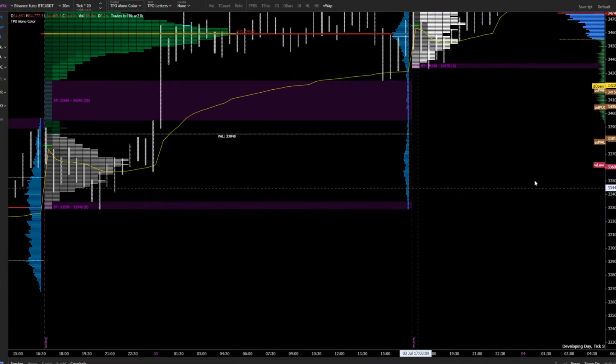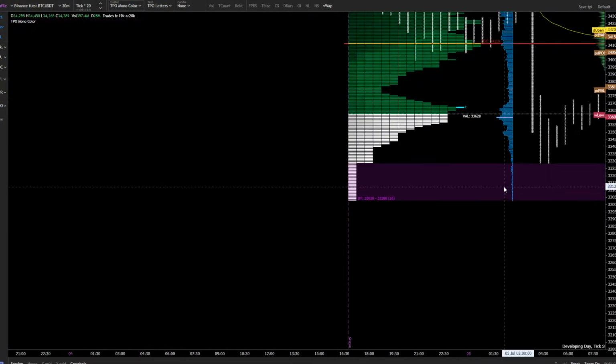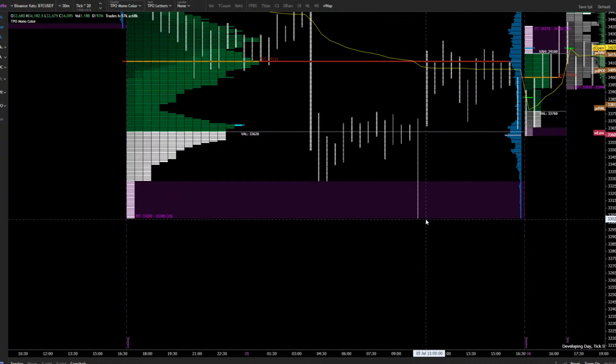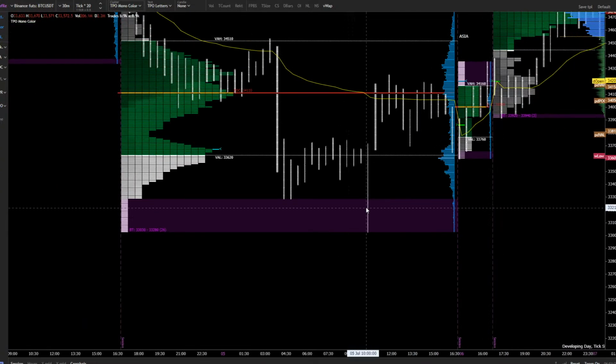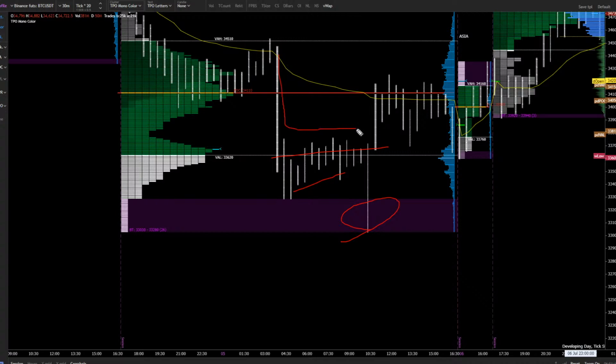I was trying to find that fail of structure from yesterday. I think it was here. So basically we had that look below and fail issue. And so we had this structure coming up, this is where everyone was saying the bull flag, but as we stopped right here, it's a pretty structured stop.